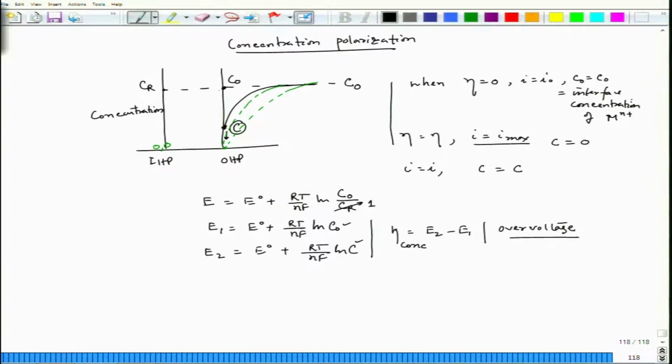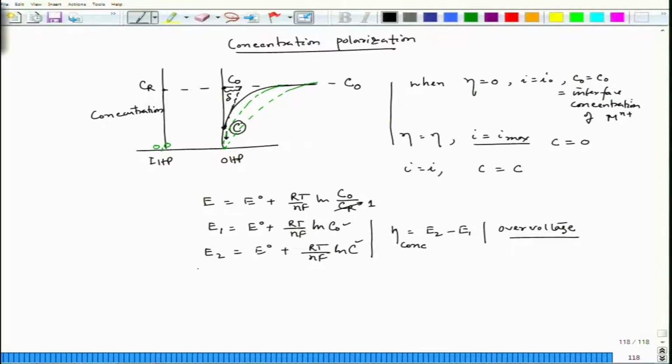Now, whenever I have this diffusion or concentration profile, I have a boundary layer thickness, which let us say I consider to be del. This is the del, which is the boundary layer thickness.